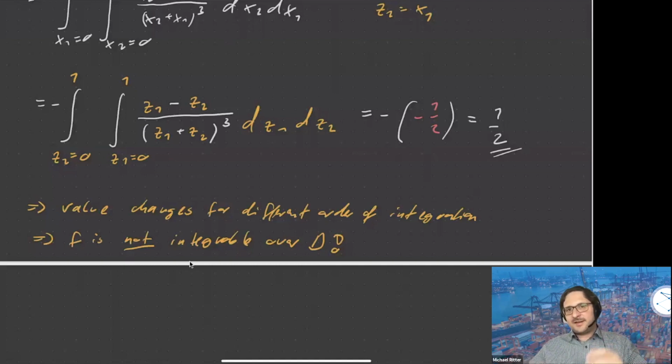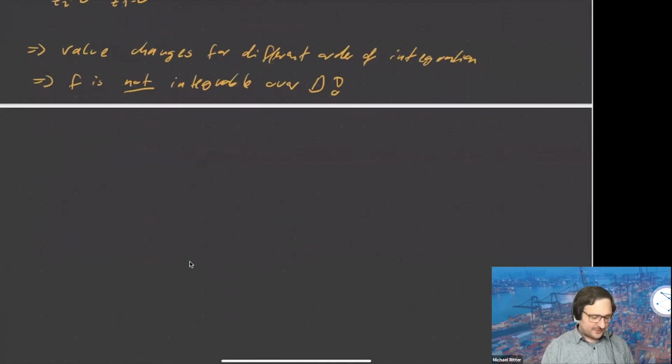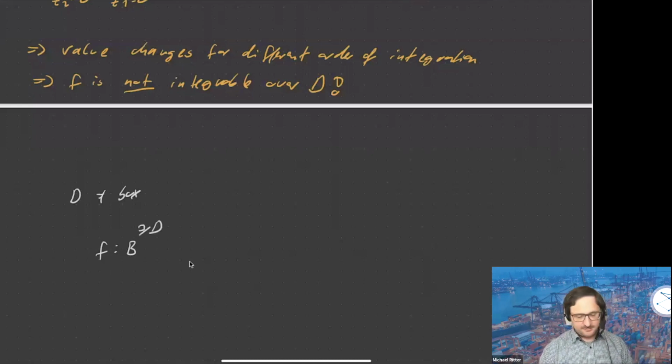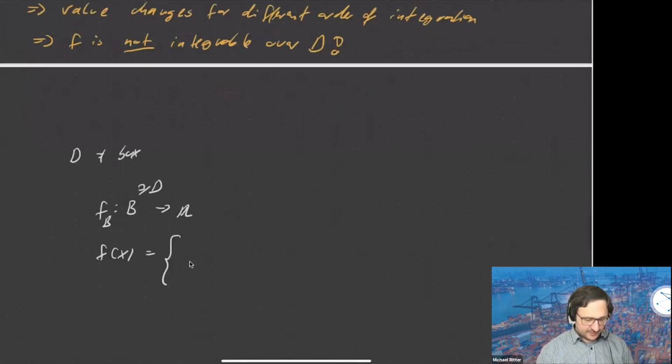To extend that definition to arbitrary sets, I hope you've watched that one video already where I explain that. What we do is basically, if we want to integrate over some set D that is not a box, then we can define a function f on some box that contains D. And that function is simply defined as, well, I call that fb here, in contrast to the original function.